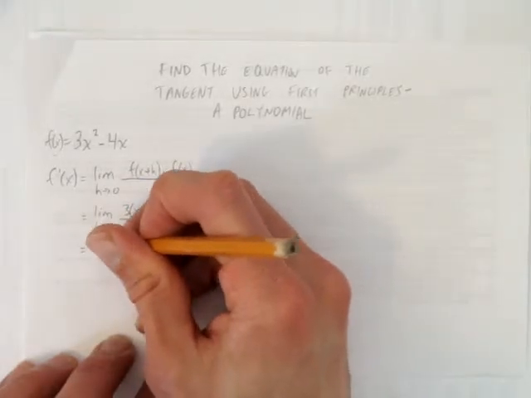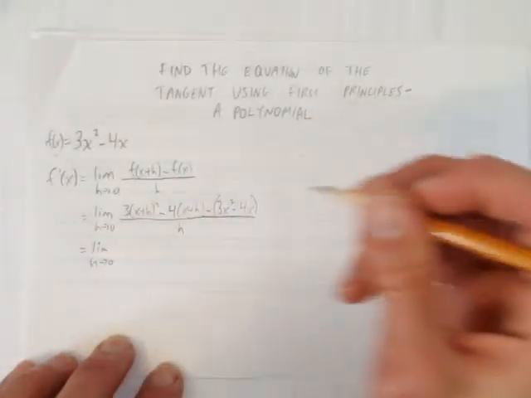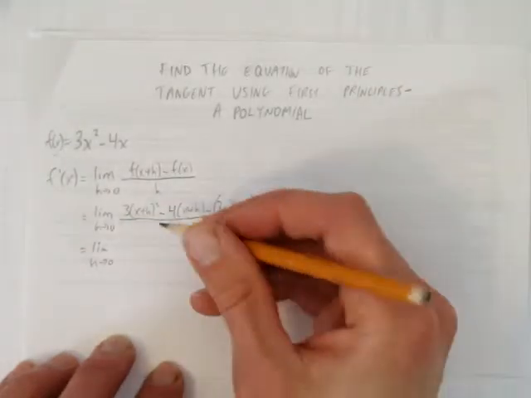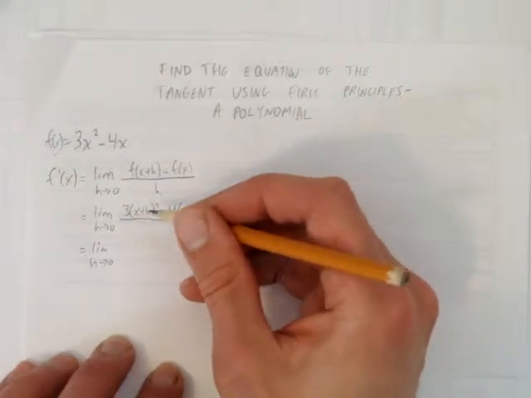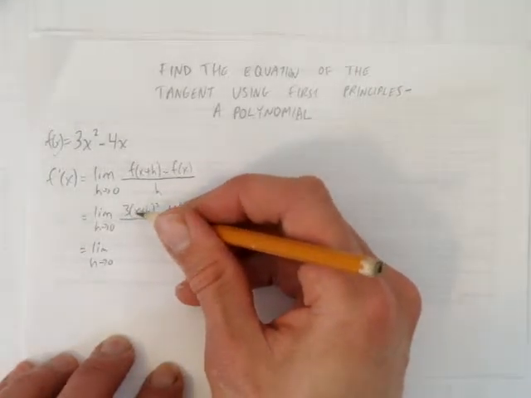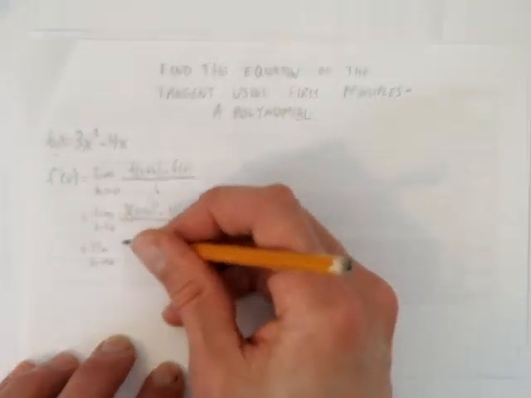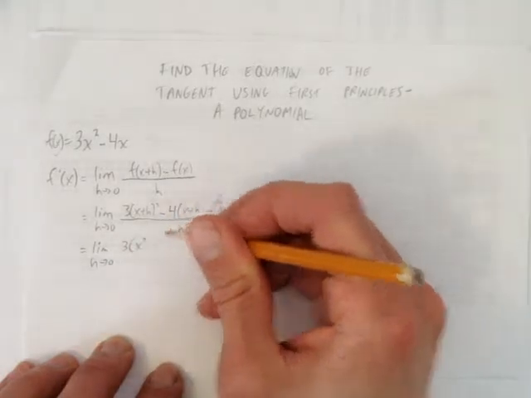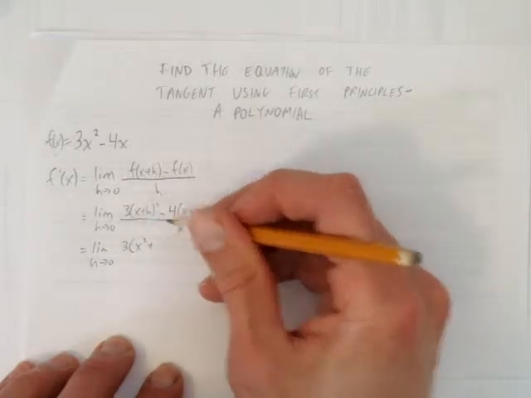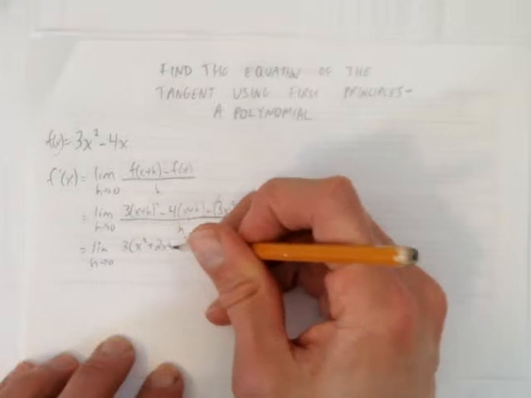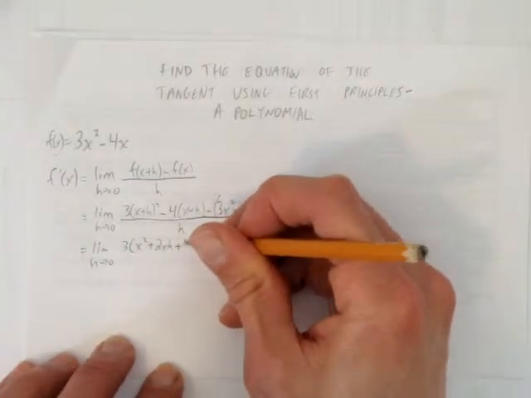So we get the limit as h approaches 0. And now, if you're not sure how, go over another video that teaches you how to FOIL or expand using distributive law. (x plus h) squared is just going to be x squared plus 2xh plus h squared.